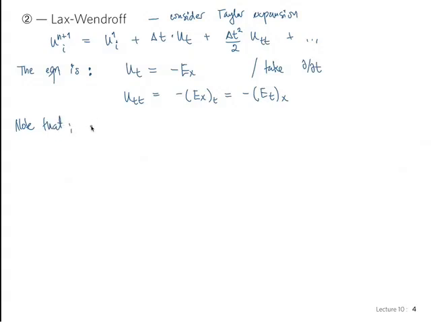So now note that dE dt, remember E is a function of u, and so we can write this as dE du times du dt, where I've spelled out my partials there so you can see it more clearly. And that's dE du. Well, now for du dt, I use my equation, and that is minus dE dx.